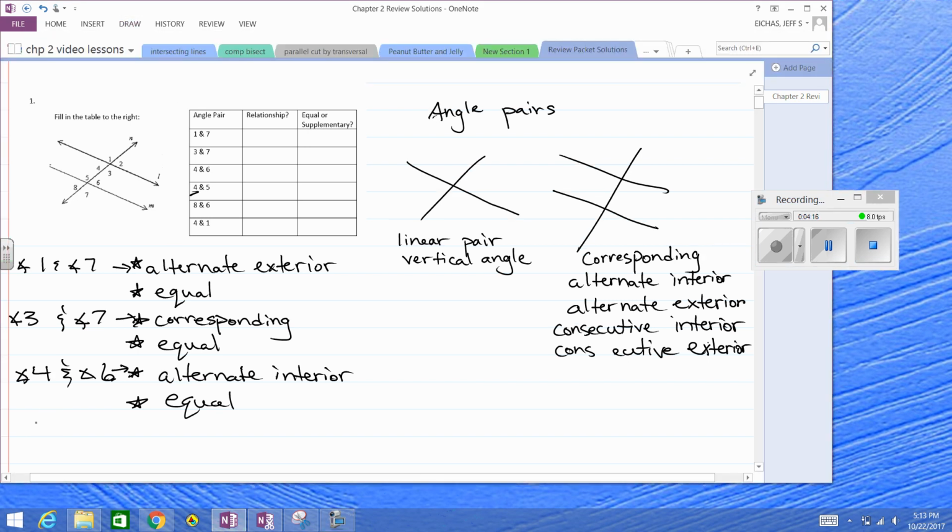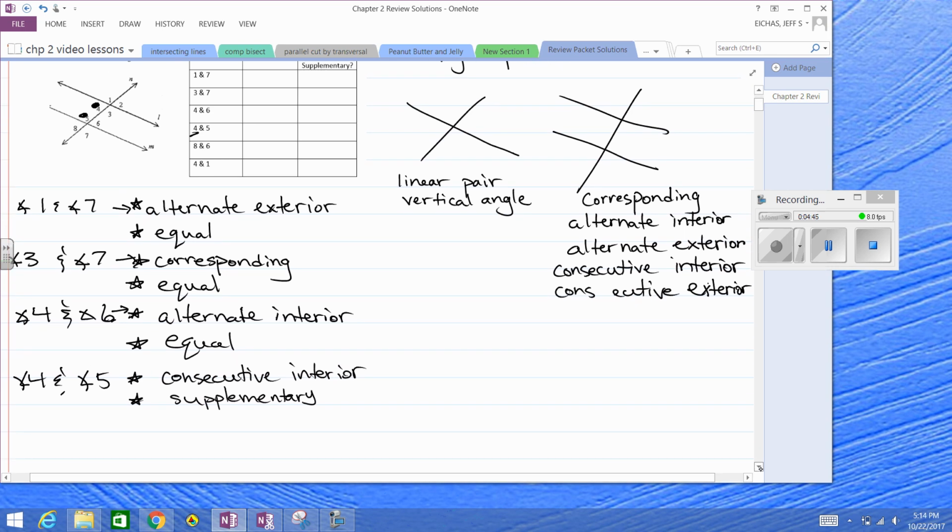This is your consecutive. I'll just put a star on those. Those two angles are your consecutive interior angles, and those are going to be supplementary, or add to 180. All right, so keep going.